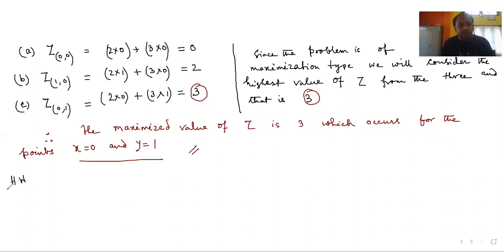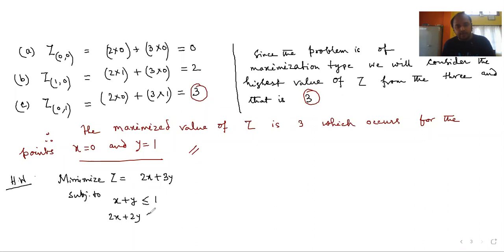You can consider the above problem where you change the word maximize to minimize, and put other things as they are. So minimize z equal to 2x plus 3y subject to x plus y less than or equal to 1, 2x plus 2y less than or equal to 4, x comma y greater than or equal to 0. You are going to get a different solution. Take another problem. Say, for example, keep it as maximize.